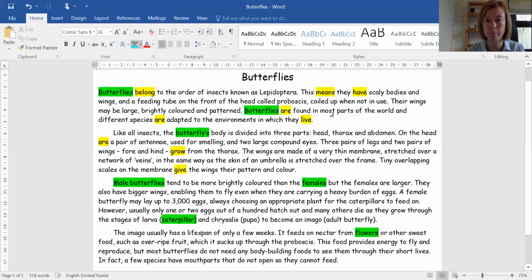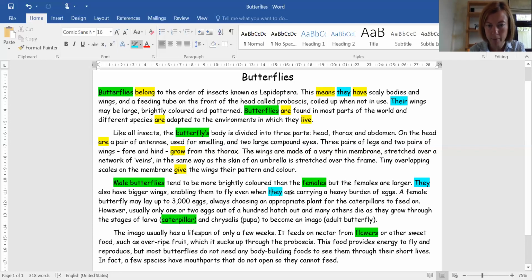Okay, so I found they here. Their wings. They again.